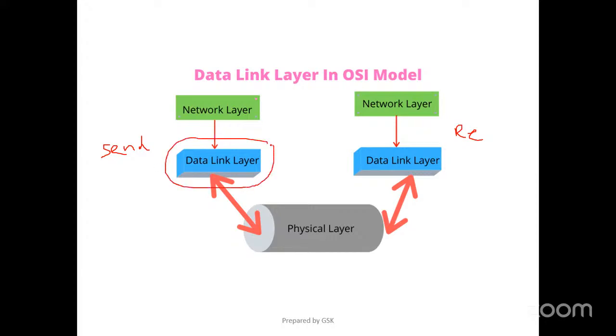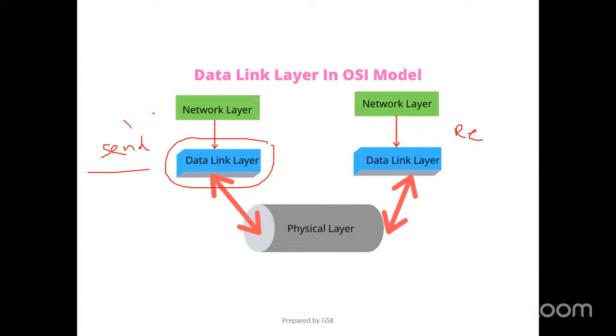Right? We discussed all the functionalities of the data link layer like framing, flow control, error control, access control, right? It receives the data from the network layer at the sender side and provides all the functionalities we covered just now. It sends the data to the physical layer, which is useful to send the data to the receiver.